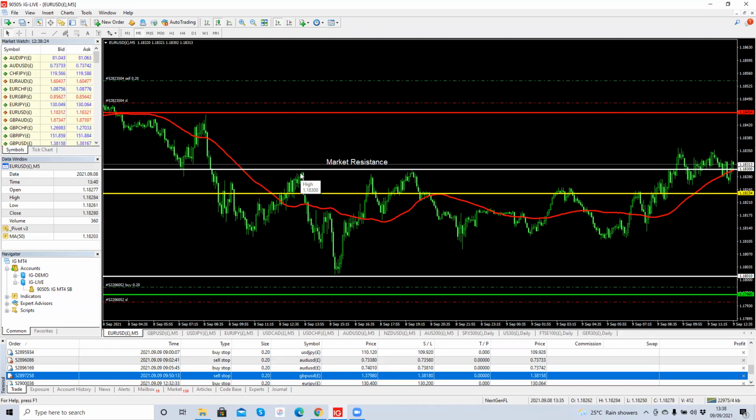You can see where the market went up from the high point, came back down from another high point, didn't break it, came back down from another high point, and then fell back down. These three high points are all within plus or minus 2 pips from each other. So the market formed the market resistance there.